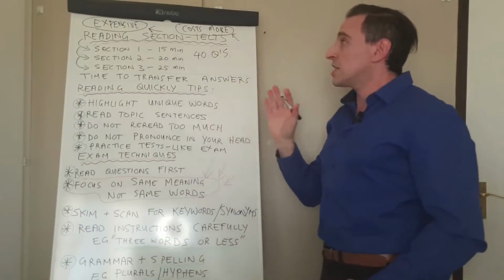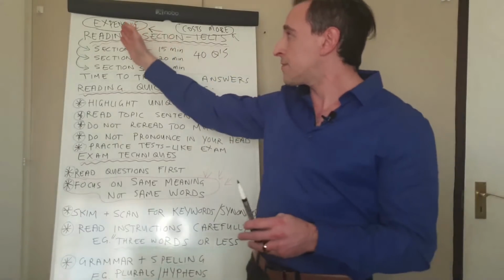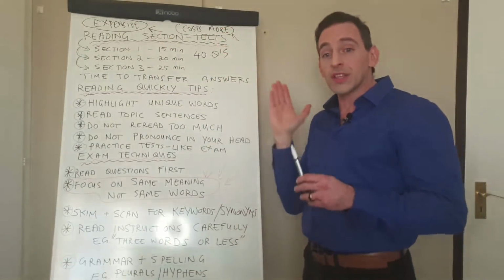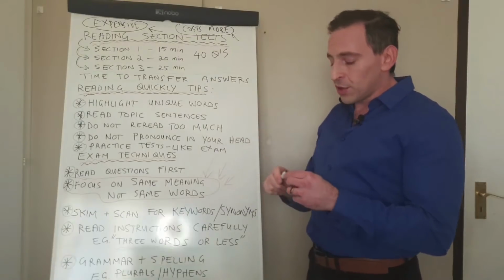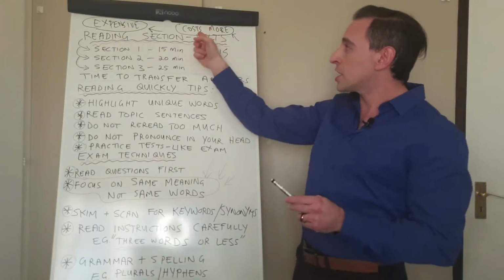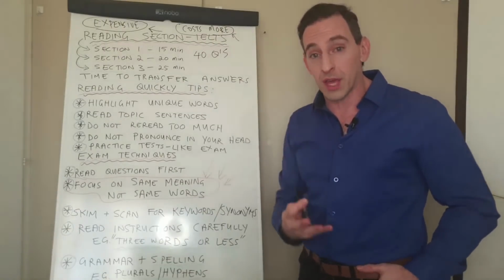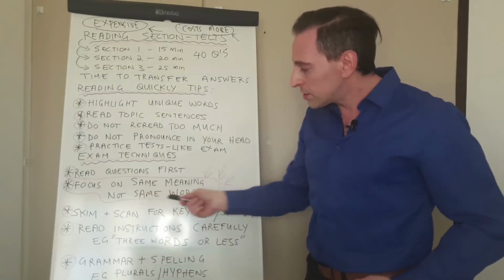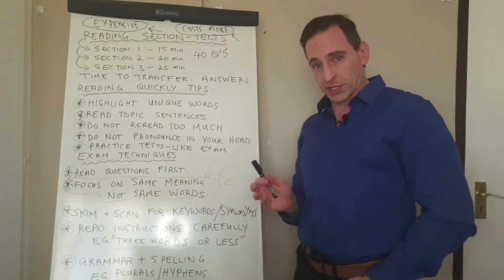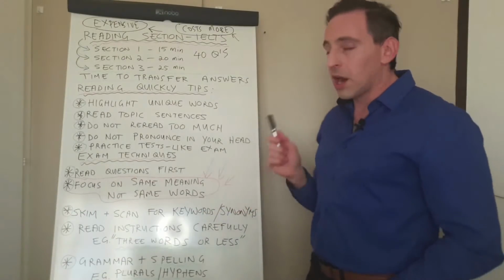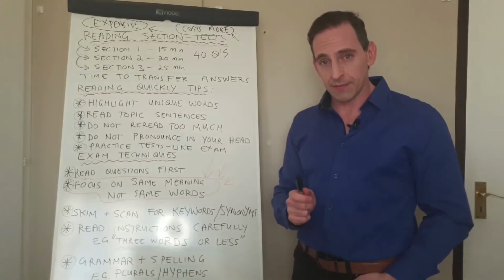Now, it's basically the same meaning. Expensive and costs more are the same thing. But if you think that the keyword cost is what you are looking for, you're going to be looking for the wrong thing. So you cannot look for the same words. You have to focus on the same meaning.